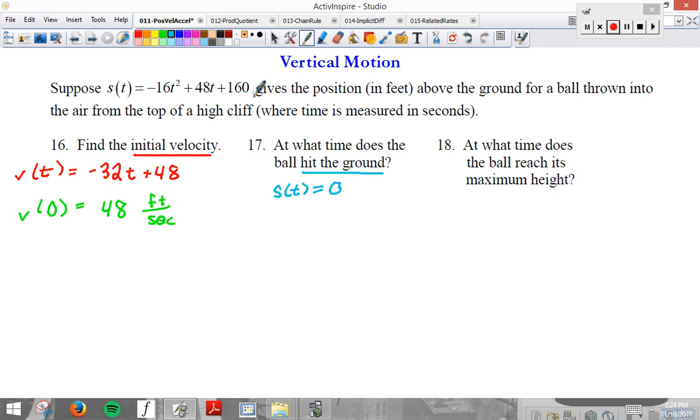If our position function is above the ground, measuring how far something is above or below the ground, we're talking about the ground being 0, because the ground is 0 feet above the ground. So we're going to set the position function equal to 0.